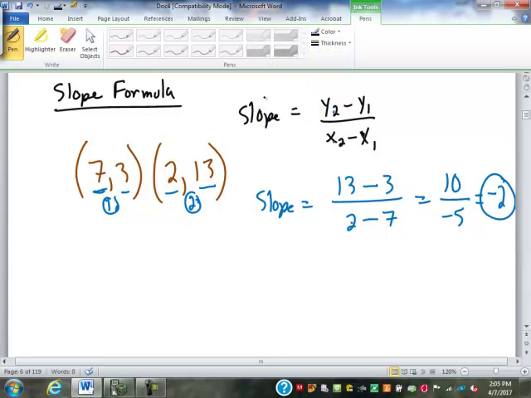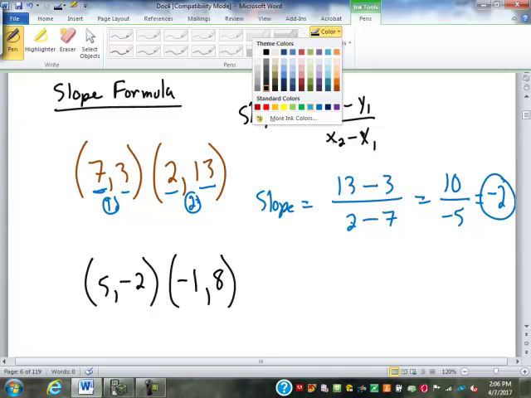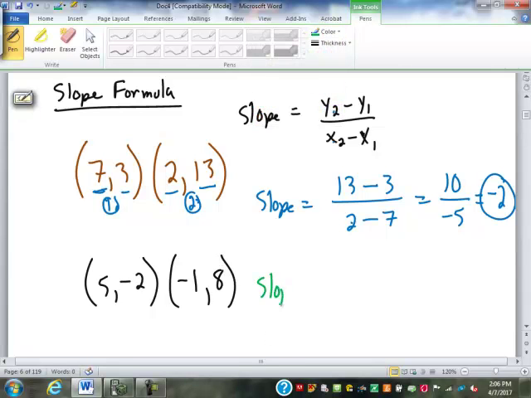Now it can be a little trickier if we run into some negative points, like we might have 5, negative 2, and let's do negative 1, 8. So to calculate that slope, I'll label them points 1 and 2 again.